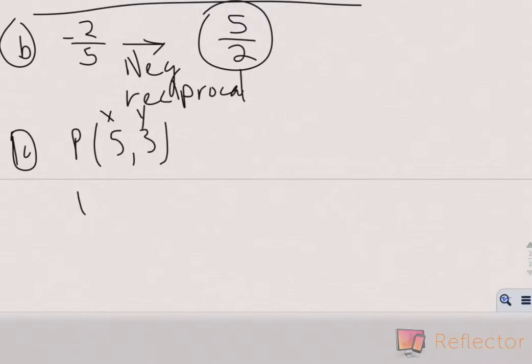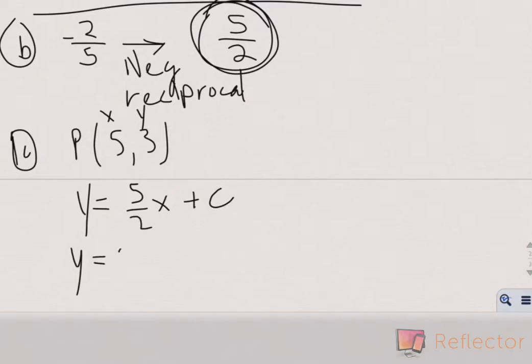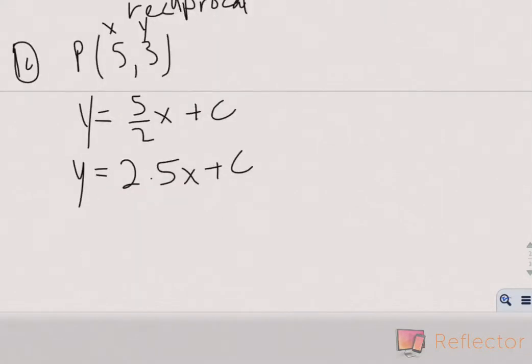So we can start off using the gradient that we found from before. y equals 5 halves x plus c. Now if we want, we can write this as 2.5x plus c. That's the same thing in decimal form. And we're going to take the y, which is 3, and we're going to take the x, which is 5, plus c.